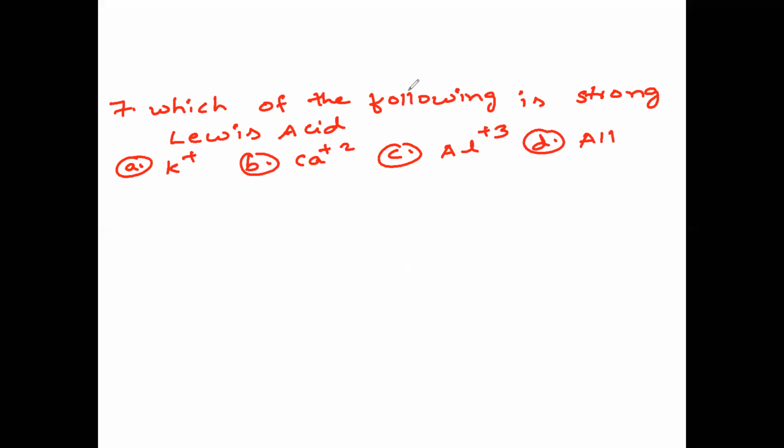So please note down this sentence. Solution for this: cations readily accept electron pairs.